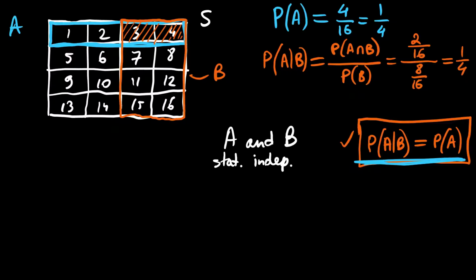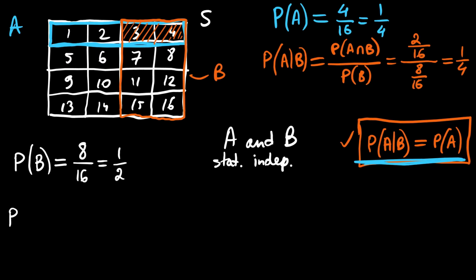And it says even more, because if we looked in the other direction, starting with the probability of event B and evaluating this unconditional probability, that's 8 over 16, which is just 1/2.